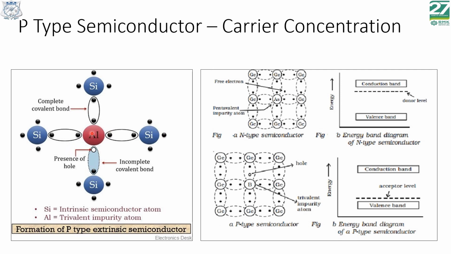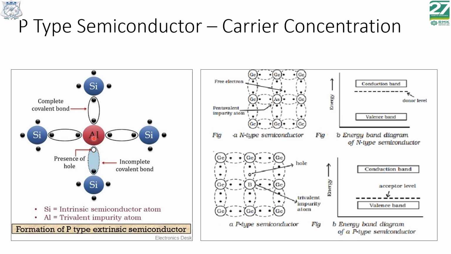Now this is introduced into the intrinsic material. So its rearranged bond formation structure is shown in the picture. So you can see 3 valence electrons, which are once again forming the covalent bond with the neighboring silicon atoms, and on the fourth side you have a vacancy which is ready to accept an electron from some other place.